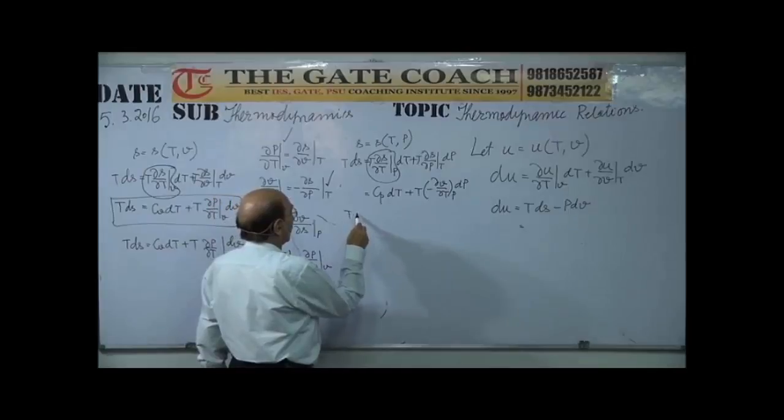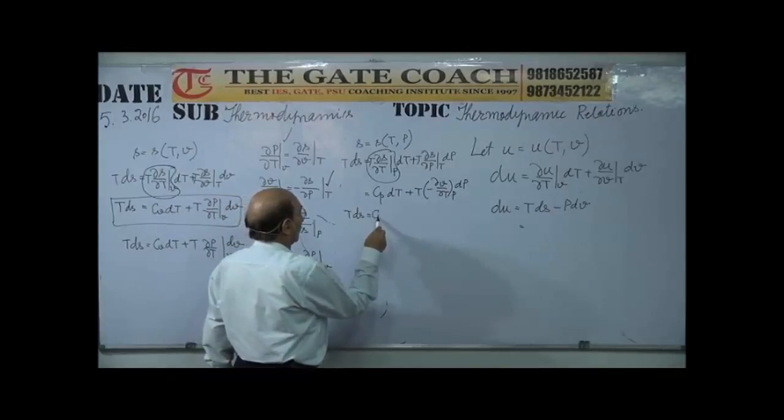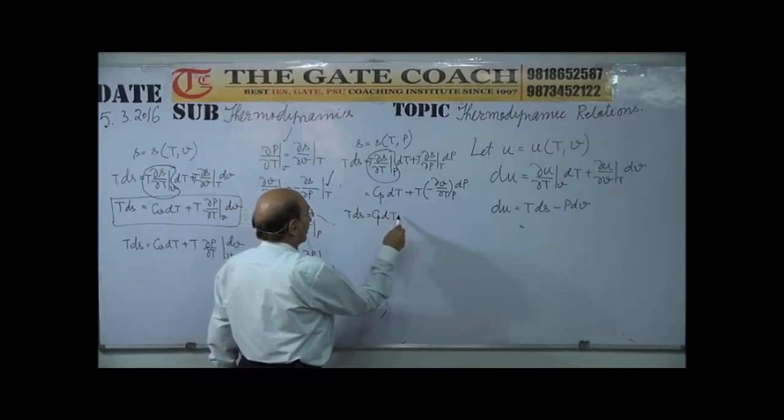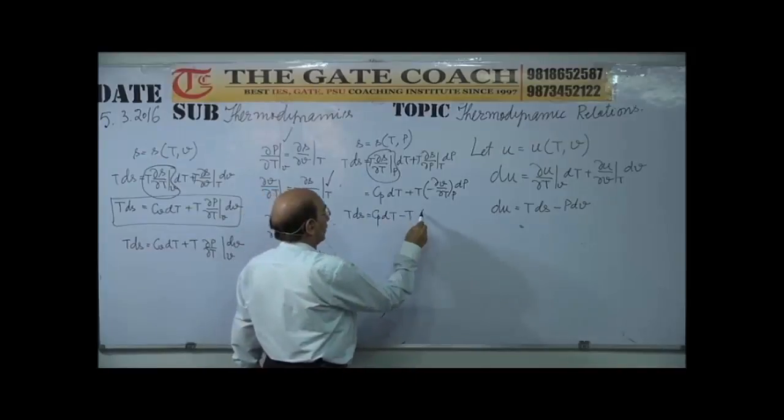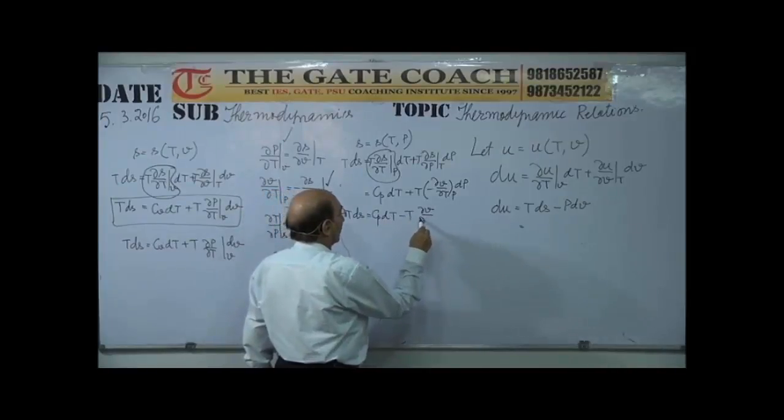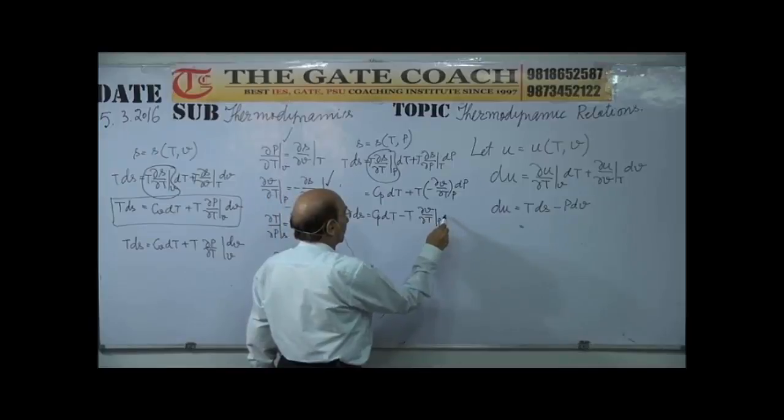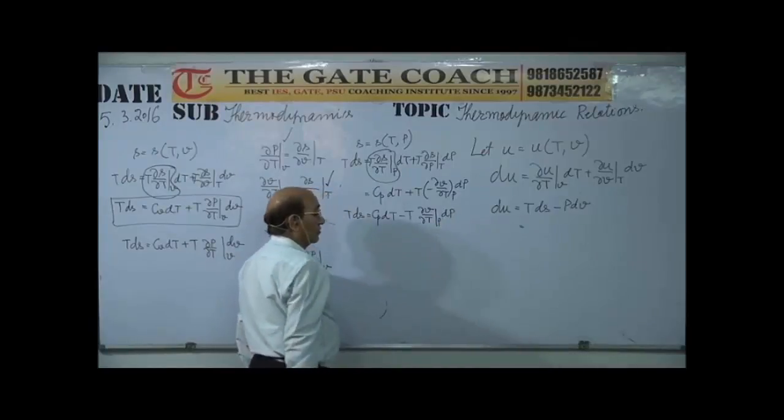Thus, TdS is equal to Cp dT minus T del V by del T at constant pressure into dP.